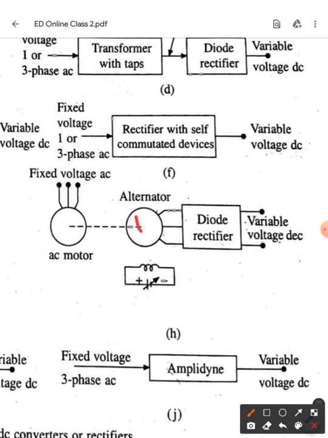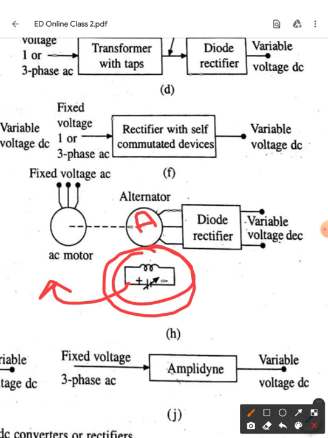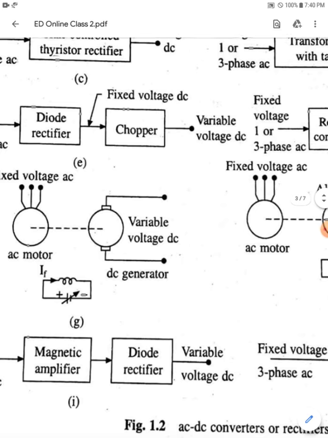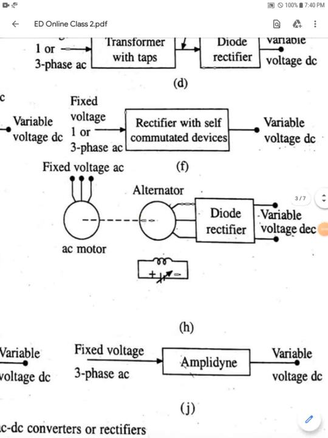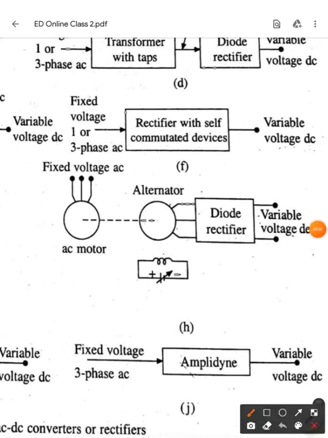This is the alternator, and this alternator now has a variable field. So you can connect the field here, or you can connect the field at the alternator part. In the first case the variable field is connected to the AC motor, whereas in the second case the variable field is connected to the alternator, right?